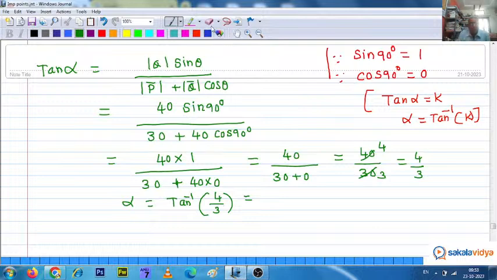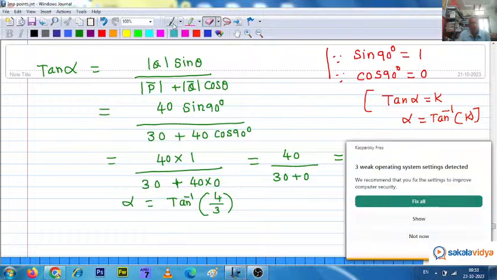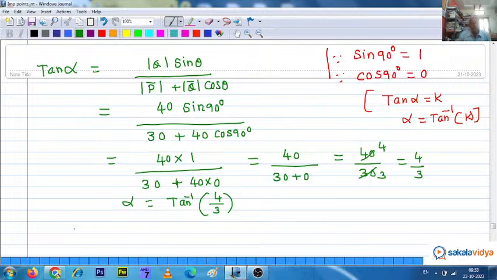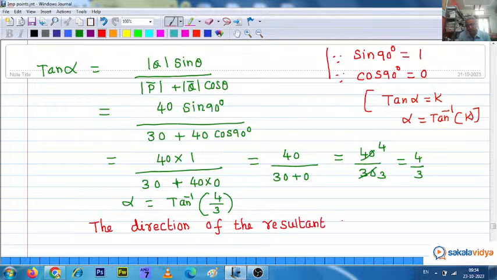Otherwise you leave it, no problem, up to this step, tan inverse 4 by 3. So therefore you write down here the direction of the resultant: alpha is equal to tan inverse 4 by 3.